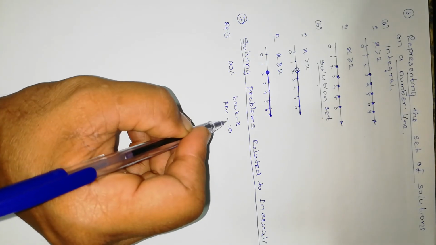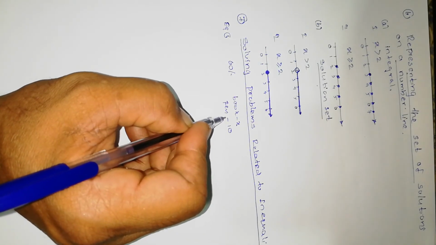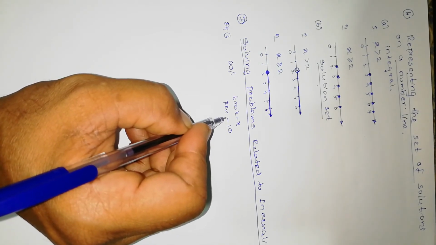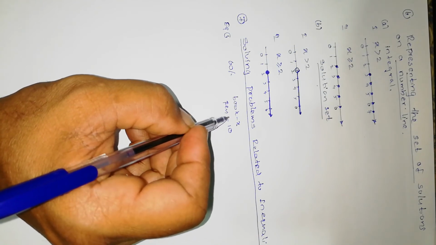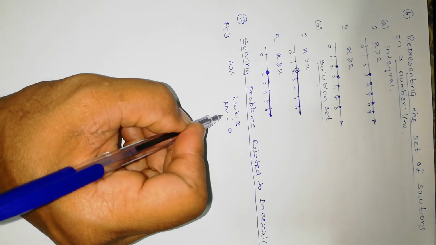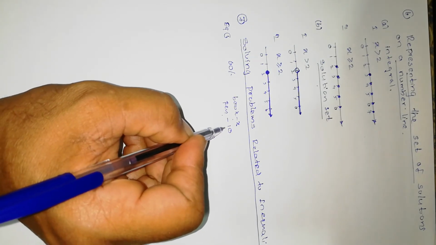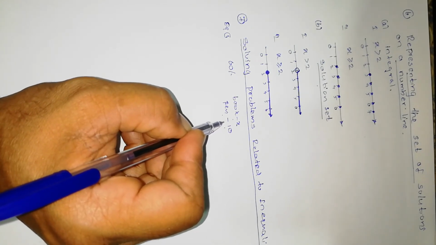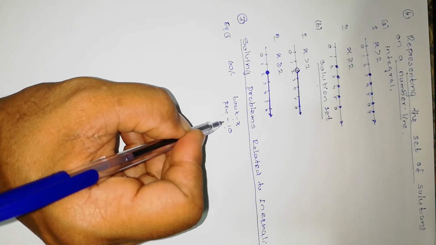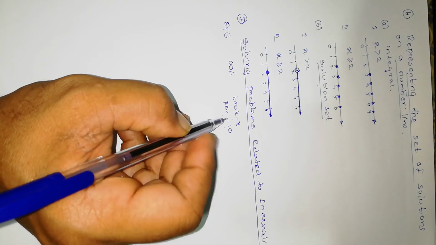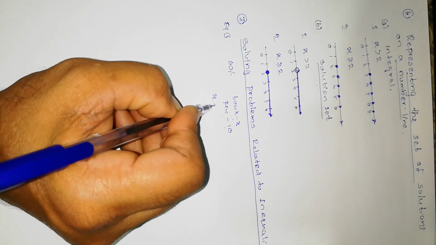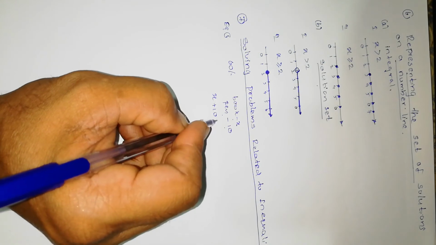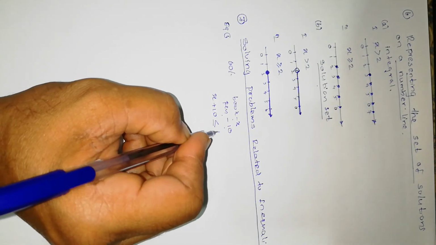He buys a book for x rupees and a pen for 10 rupees. The total value of the items he bought can be expressed in terms of an inequality as x plus 10 less than or equal to 60.